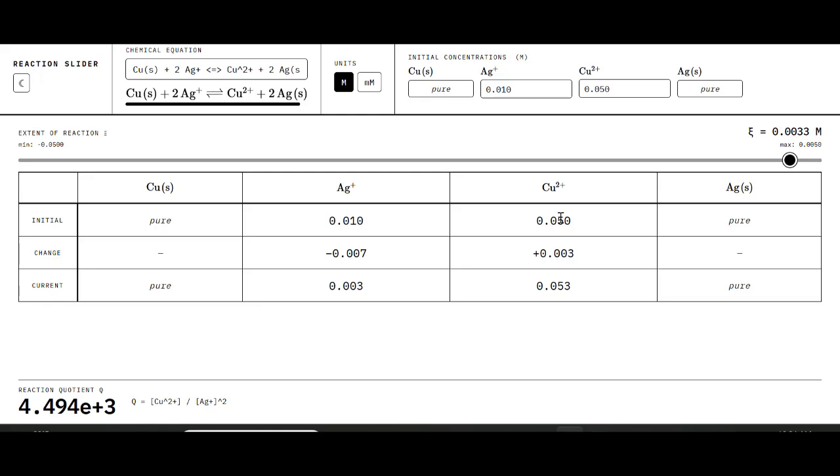So I just switched to millimolar, right? Because that's easier for me to say. And then this should go down by 6. So what happens then? In this fraction, the copper now is larger and the silver is smaller. And so we're going from 500 to 4,000. So keep that in mind. If the reaction goes forward, Q increases.